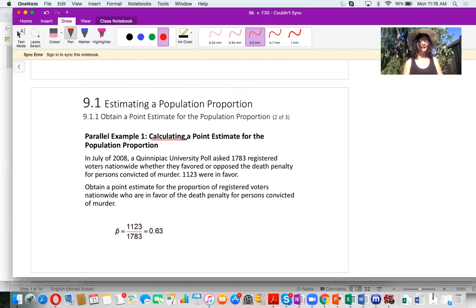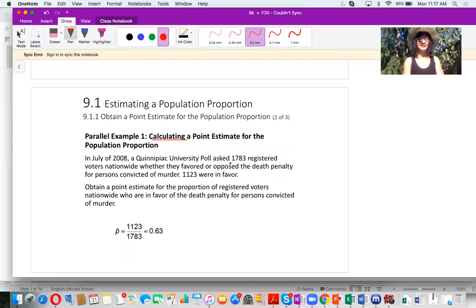So let's take a look at another example: calculating a point estimate for population proportion. In July 2008, a university poll asked 1,783 registered voters nationwide whether they favored or opposed the death penalty for persons convicted of murder. 1,123 were in favor.